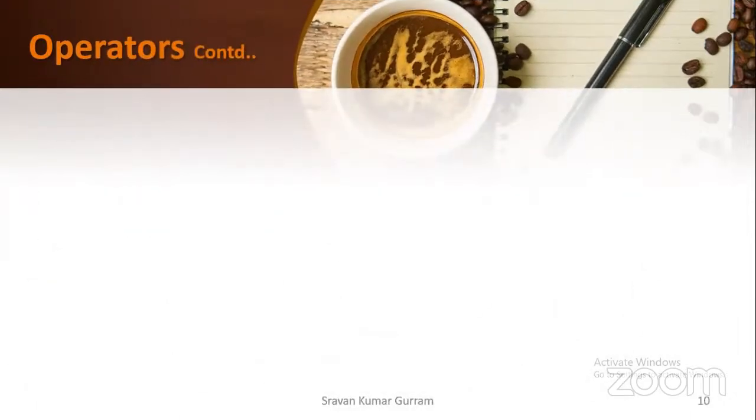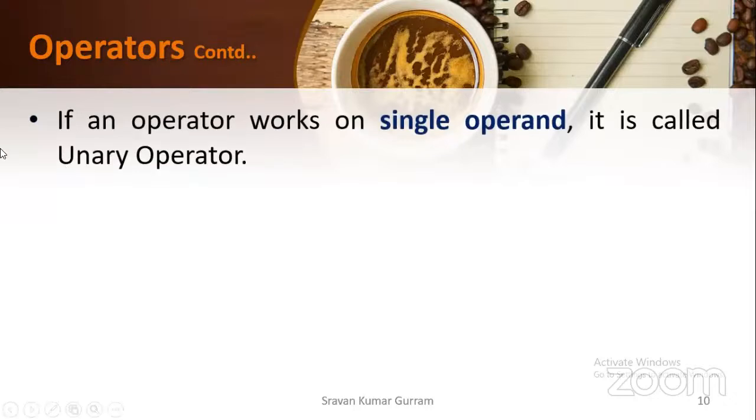What are those? See, unary operator means if any operator works on a single operand, it is called a unary operator. For example, minus 5. If I write minus 5, minus is what? Operator. 5 is an operand. If you want to mention any value as a negative value, just one value is enough.